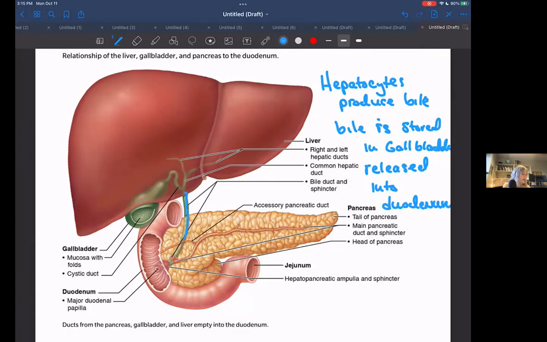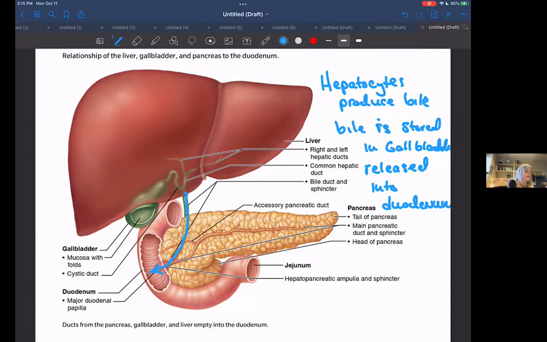We have a bile duct, and it's released into the duodenum, and that helps to start to break the fat into smaller droplets so that it can be broken down by pancreatic enzymes that then digest the fat. So this increases the surface area over which digestion can take place.